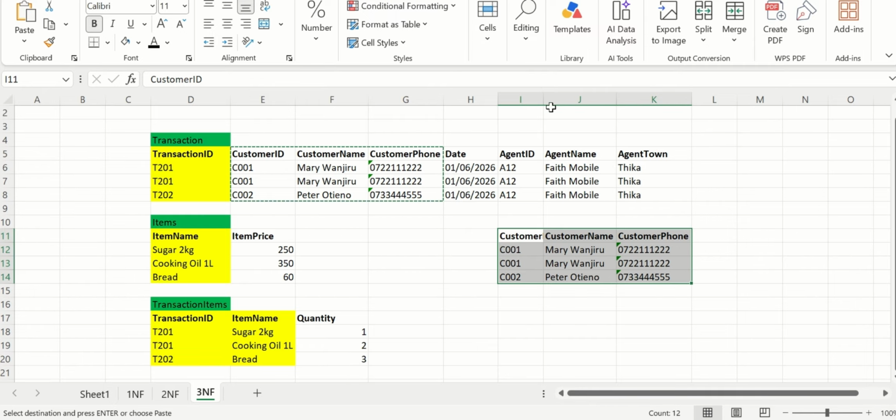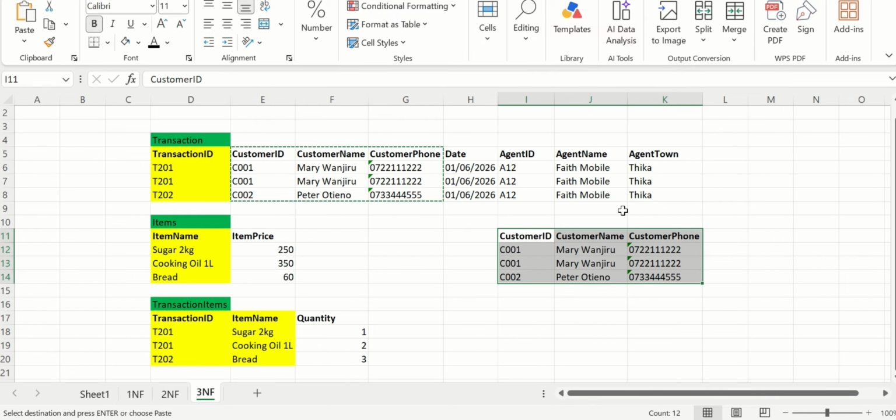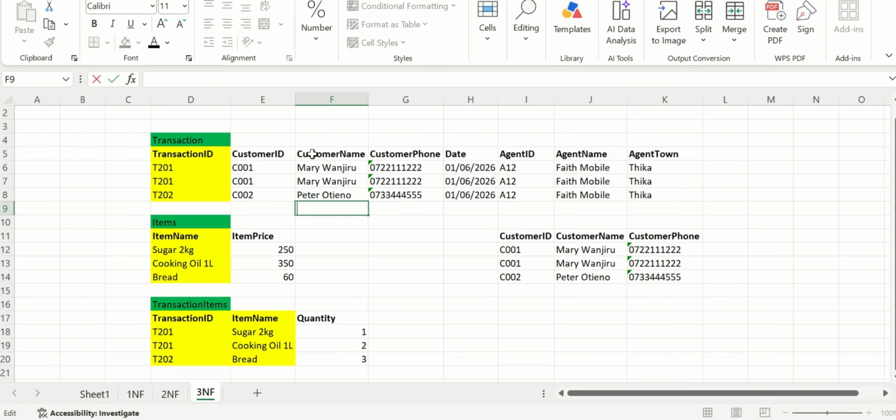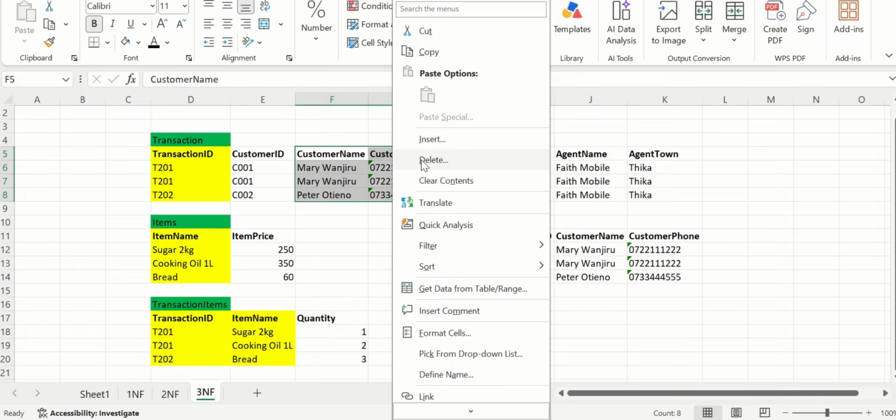And then we put it there. So this one we're going to remove this. Just clear content.